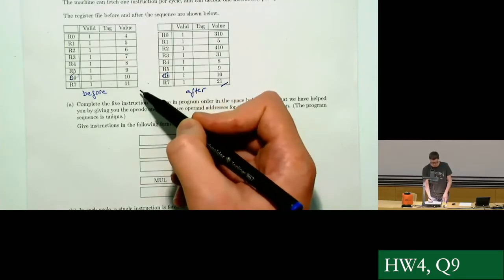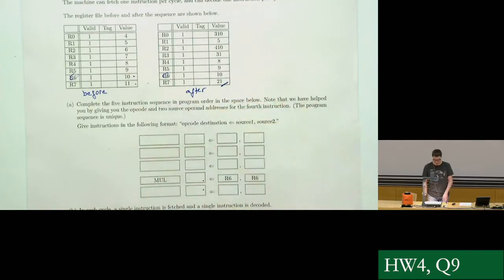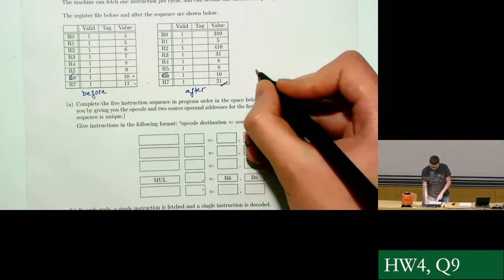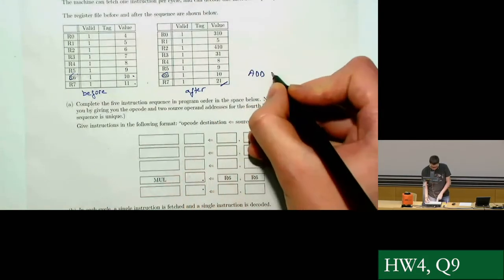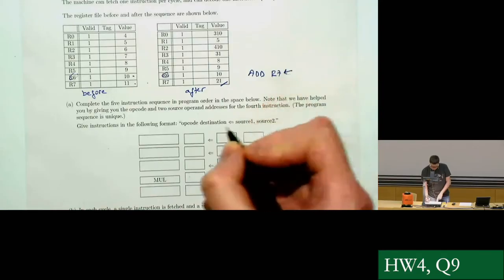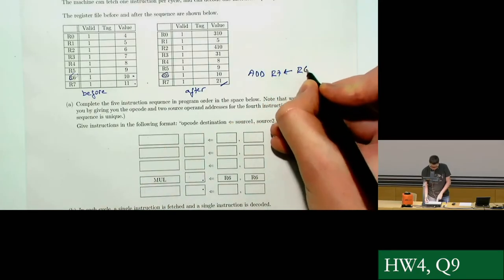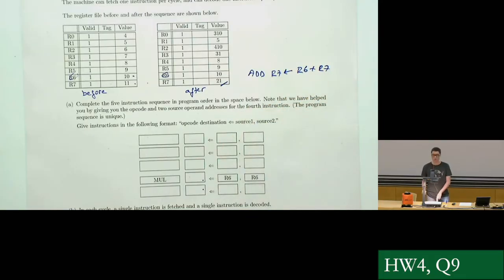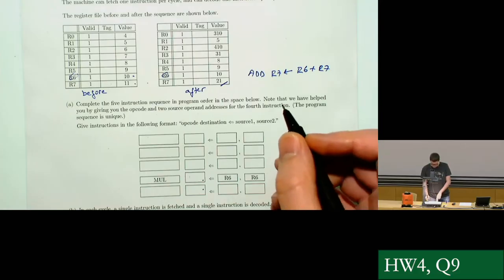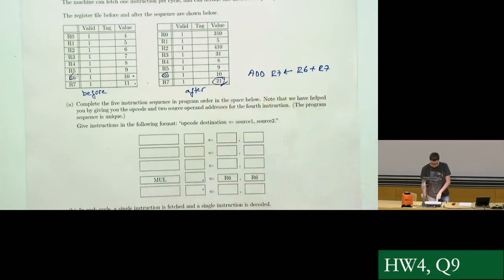So here the only option for doing that is adding together 10 and 11, right? We cannot multiply 11 and 1 because we don't have 1 in the register file. So one instruction then should be an add, which writes to R7 and uses R6 and R7 as source registers, okay? So this is creating 21 in here.